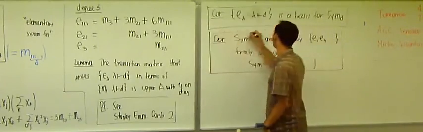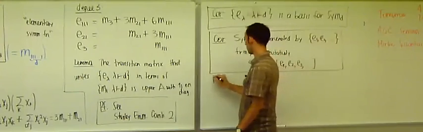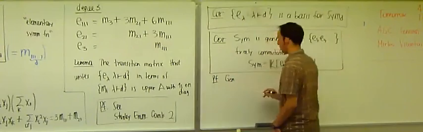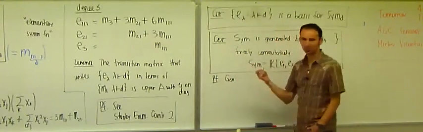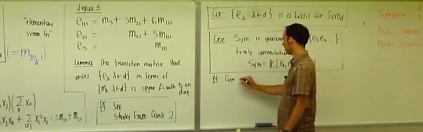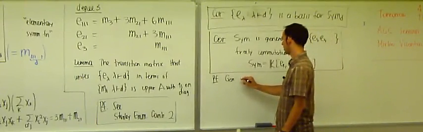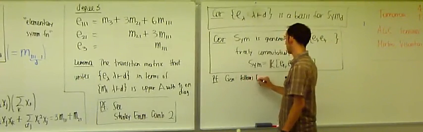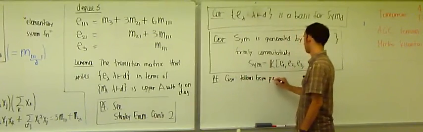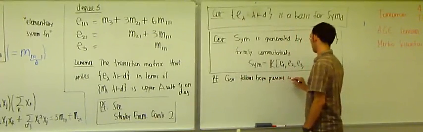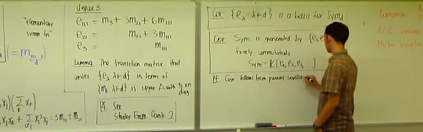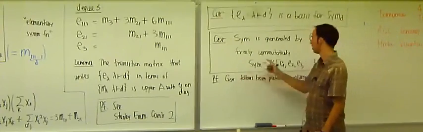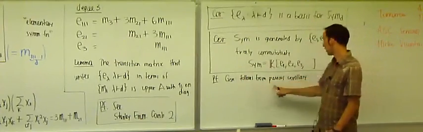So here I can actually write a sketch of a proof. Generating is what I just said. The fact that these guys generate follows from the corollary.